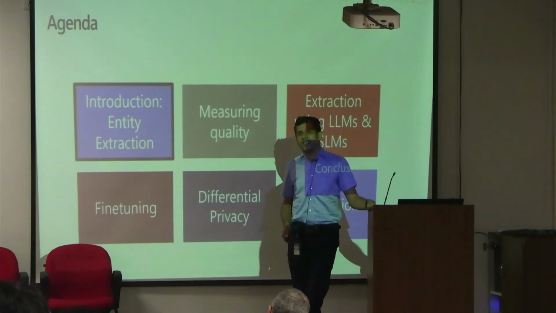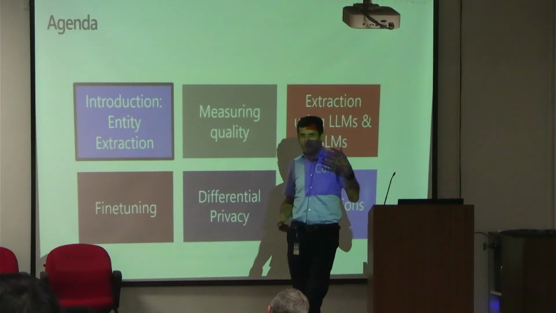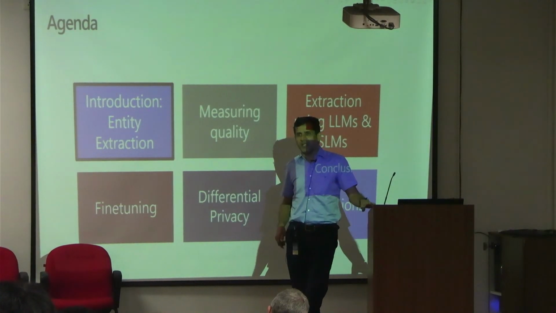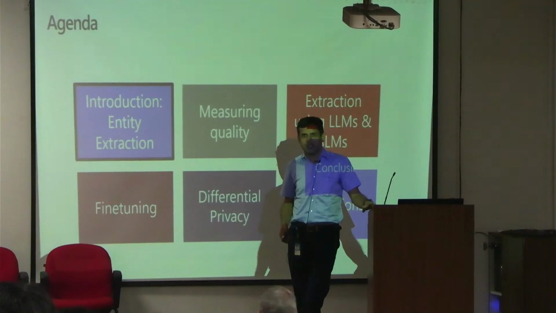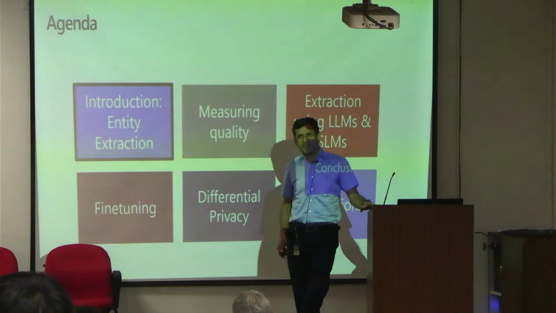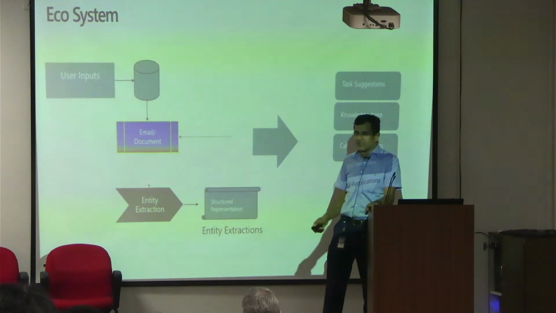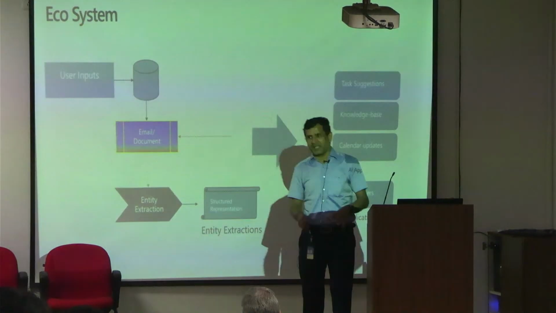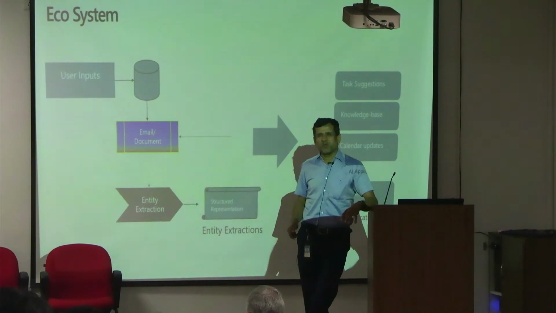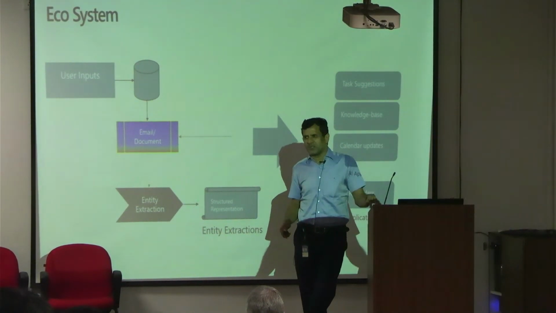And like I said, my entities can be a number of things: flight information can be one entity, passport number can be another entity, address can be an entity, or a more abstract entity like task. What are my tasks? Because we want to do scalable entity extraction, we don't want to build a separate type of system for each of these entities.